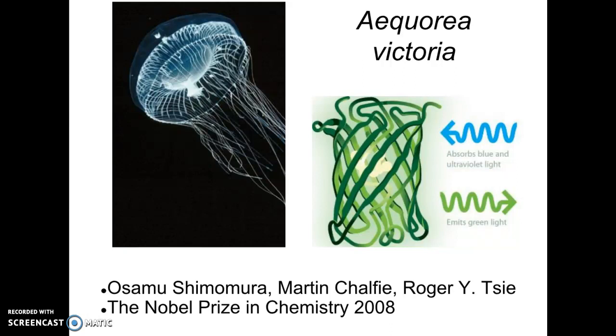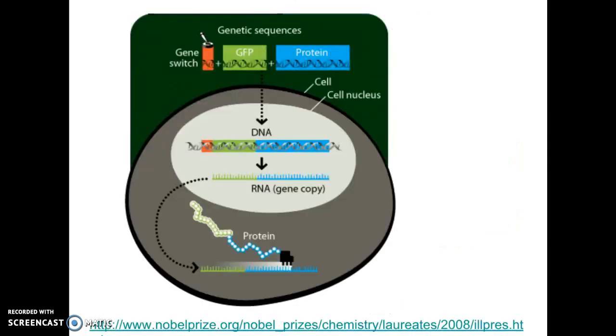That was C. elegans. And then Roger Tsien has now created lots and lots of different colors. So we can attach these green fluorescent proteins to the protein that we're trying to track, and follow them through the pathway. So move on to video 3.